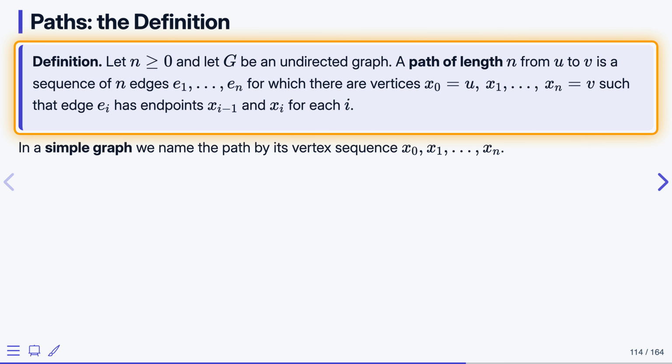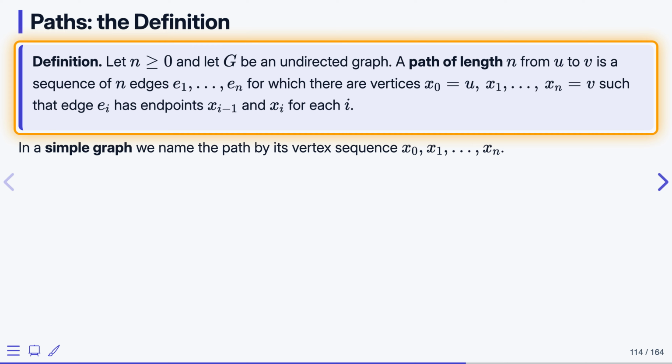Now the exact definition. Let n be a whole number that is 0 or more. A path of length n from u to v is a list of n edges, e1 up to en, along with a list of vertices, x0 up to xn, where x0 is the start u, and xn is the end v. The rule is this.